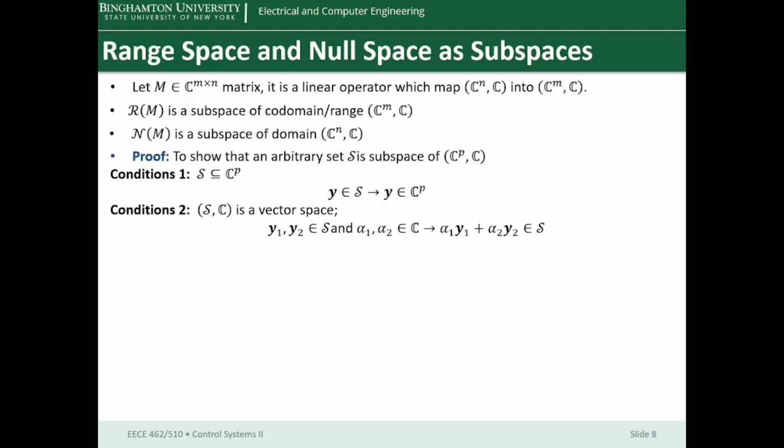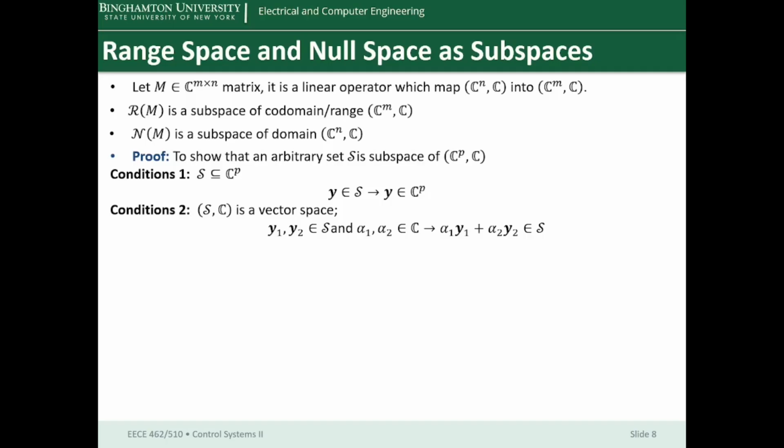In general, if you want to show that a set S is a subspace of a p-dimensional vector space defined over C, you need to verify two conditions. The first condition is every element of S also belongs to C^p. That is, if y is in S, then y is in C^p.